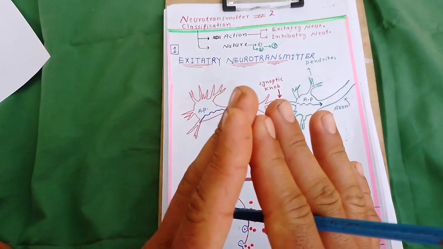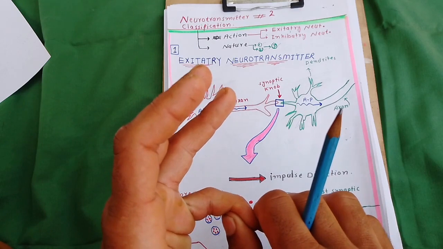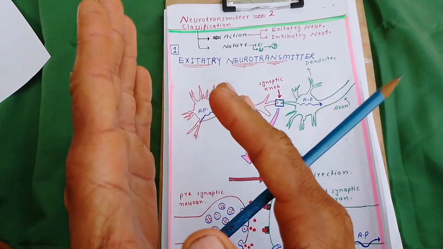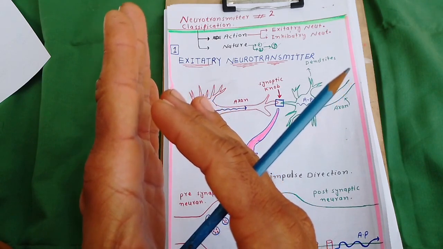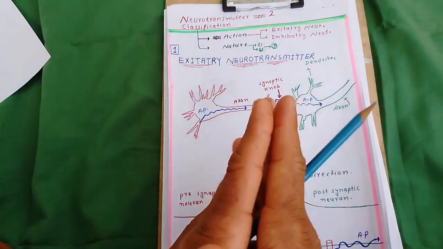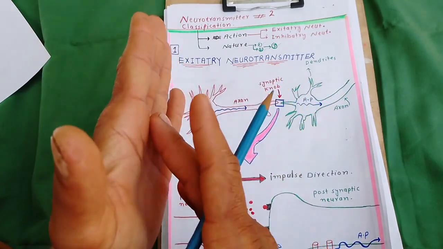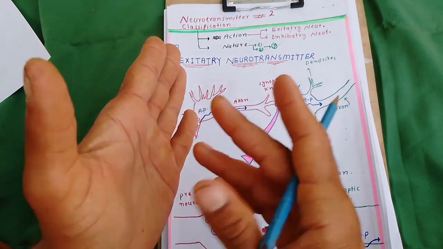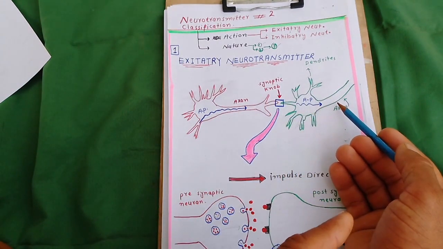An excitatory neurotransmitter is a chemical messenger, that type of neurotransmitter which carries an impulse from one neuron to another neuron, gland cell, or muscle cell. This neurotransmitter is released by the presynaptic neuron and excites the other target cell.